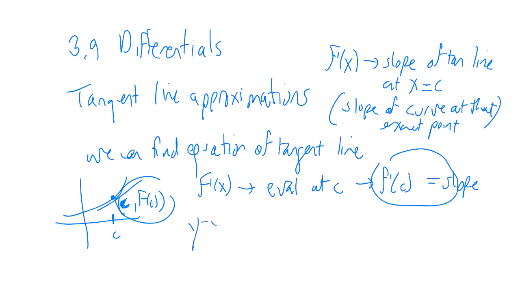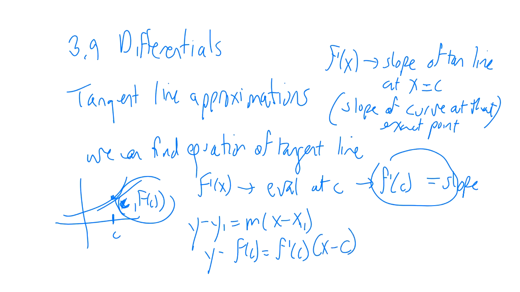y minus y1 is m times x minus x1. So that would be y minus f of c equals f prime of c, which is my slope, times x minus c, using the y value and the x value from our point, the same as we would with any equation we're trying to find.